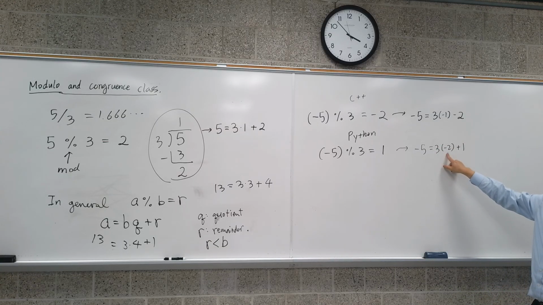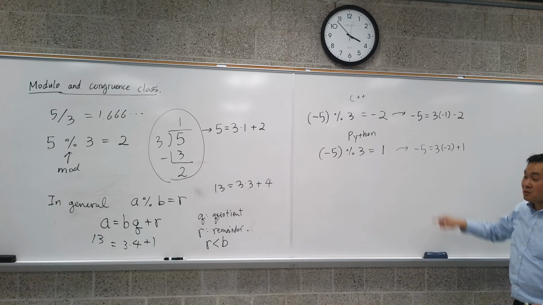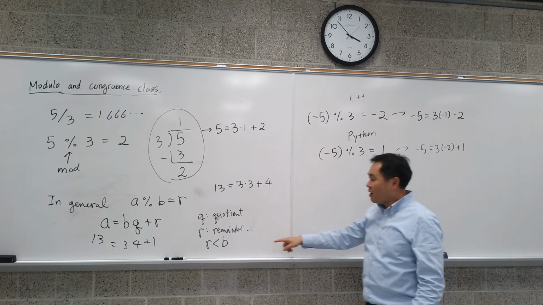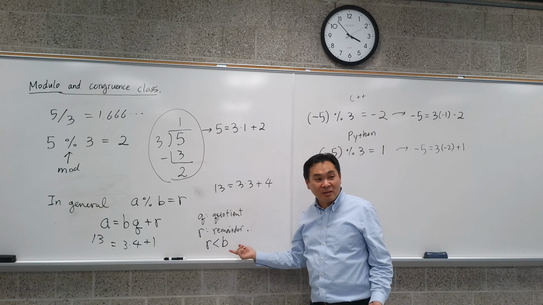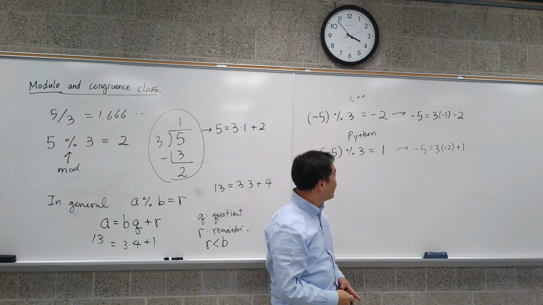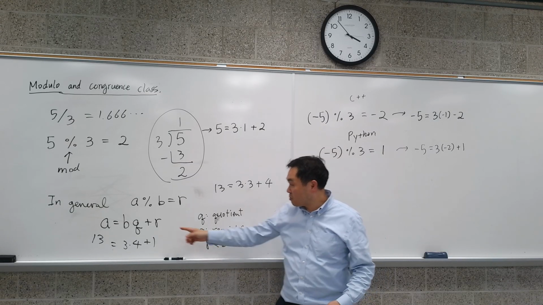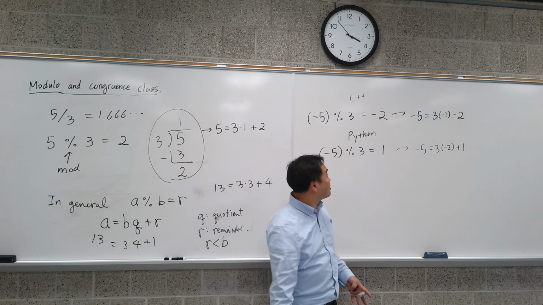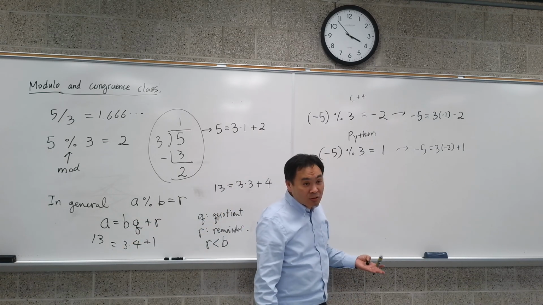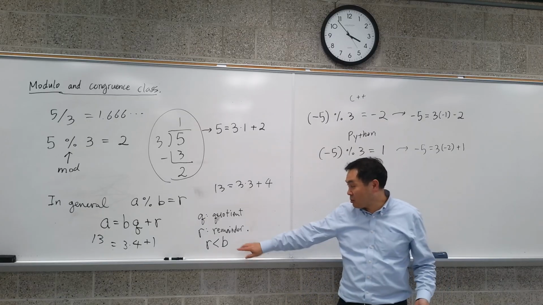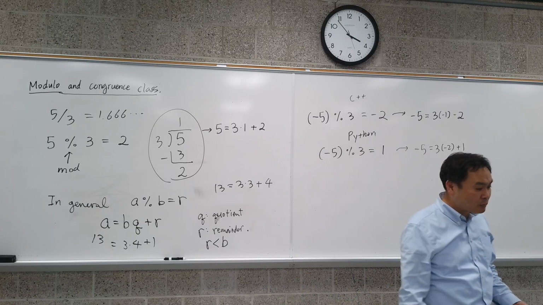Right? 3 times negative 2, which is negative 6 plus 1. So it does make sense. In each of these cases, R is less than B is fine, right? The number B that we're dividing by is 3. Both negative 2 and 1 are less than 3. So it seems to be okay with this observation.